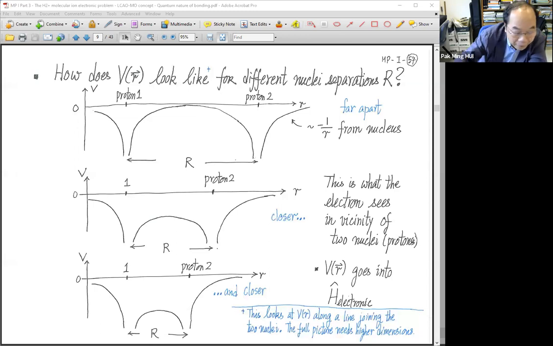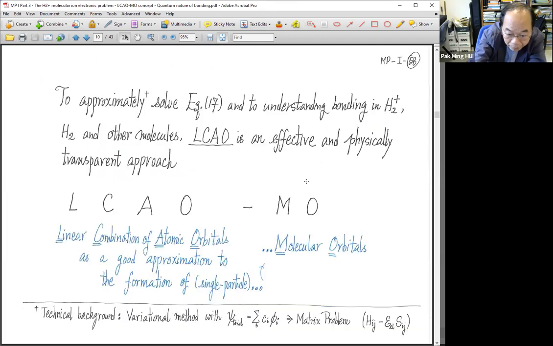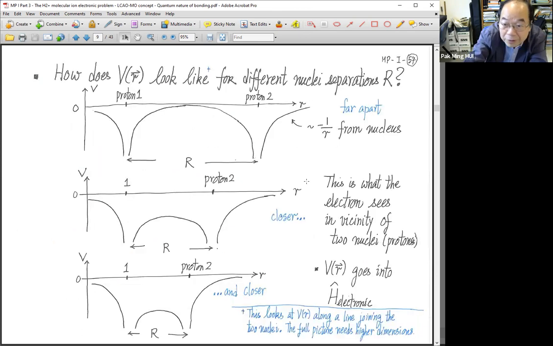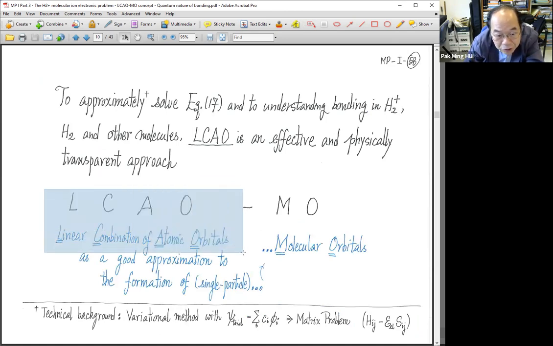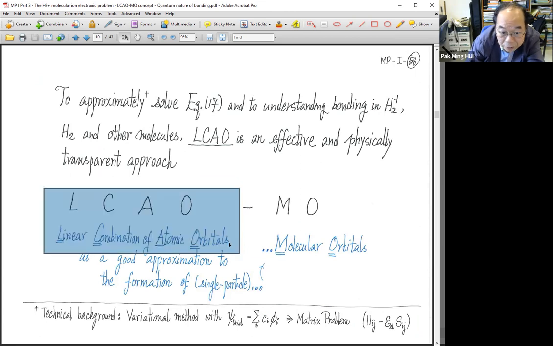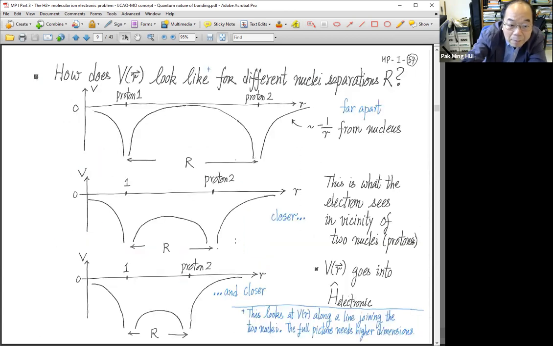Okay, so if not, then I would like to pose the following problems to you before we end today's class. Now, first of all, the method to solve this thing, we will be using LCAO, linear combination of atomic orbitals. The reason is, molecules are formed by atoms.